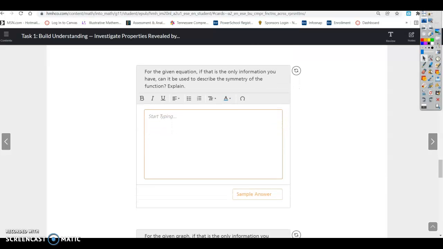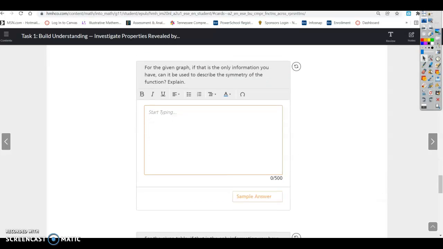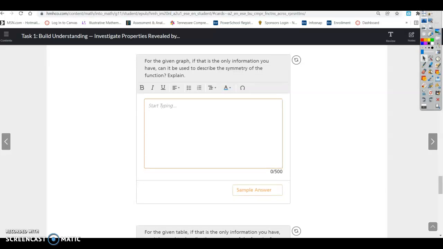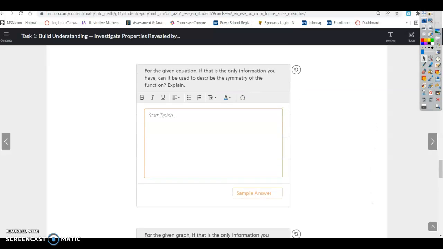All right, for the given equation, if that is the only information you have, can it be used to describe the symmetry? That's the one we just answered, sorry. For the given graph, if that is the only information you have, can it be used to describe the symmetry?